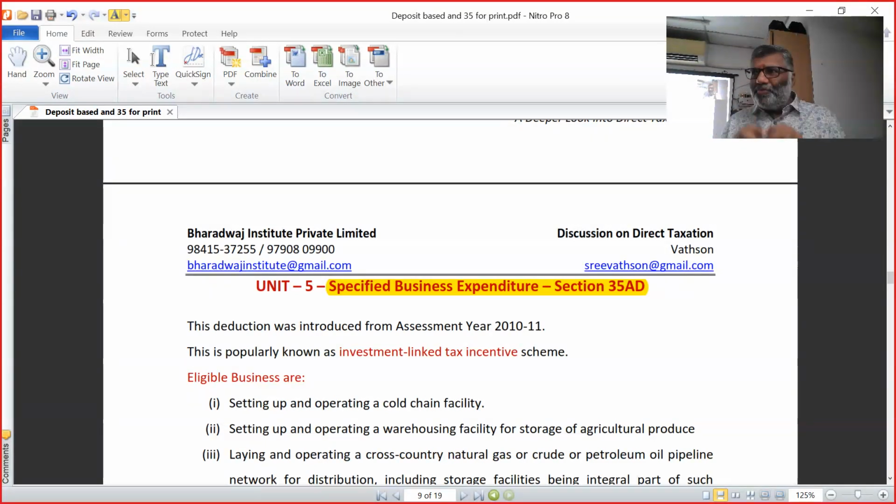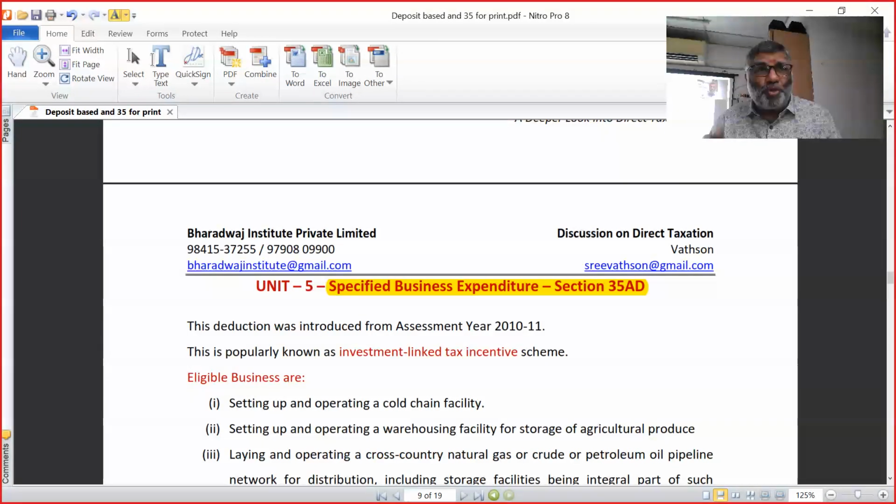At the fag end of his term, from the year 2010 onwards, the thinking of the government changed. What are we giving? We are giving deduction for profits. We want people to invest in this business. So what if they invest, whatever profit they earn, we are giving it as deduction. But what is our intention? Our intention is not to give them profit deduction.